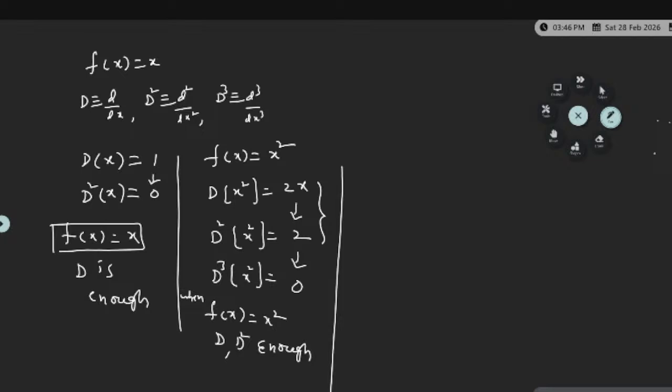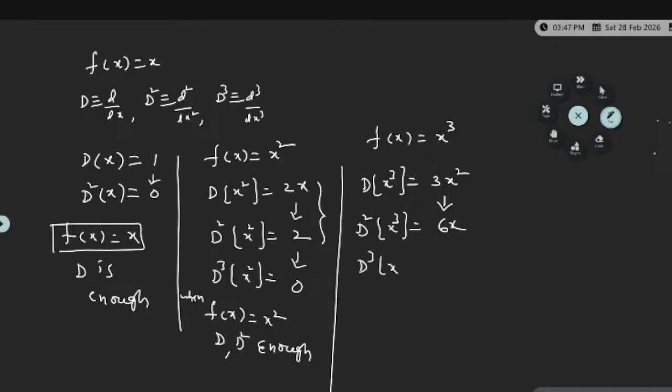Now similarly, for a third degree polynomial, we'll see what is required. What is D of x cube? 3x square. Second derivative, we have to differentiate this once again. What will you get? 6x. Once again differentiate the function: 6.